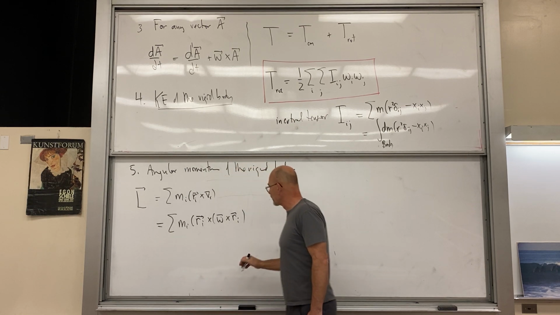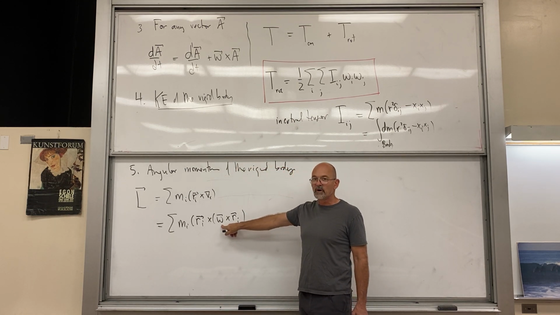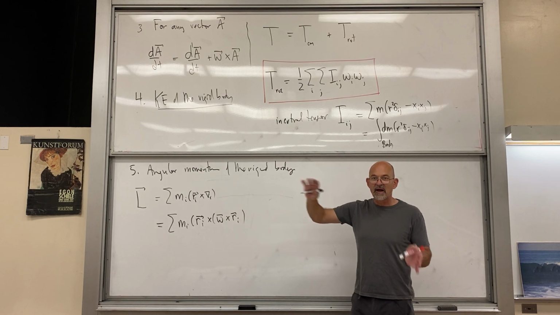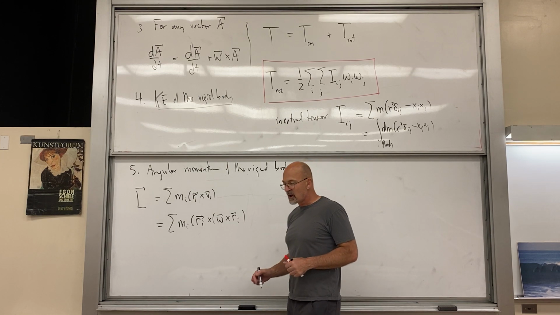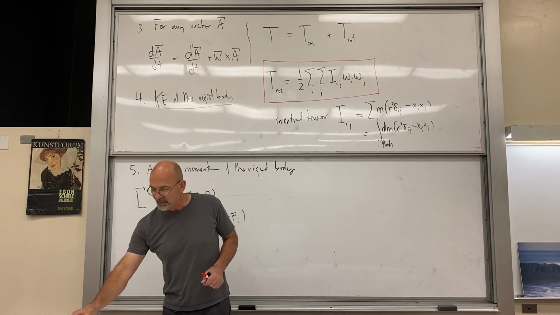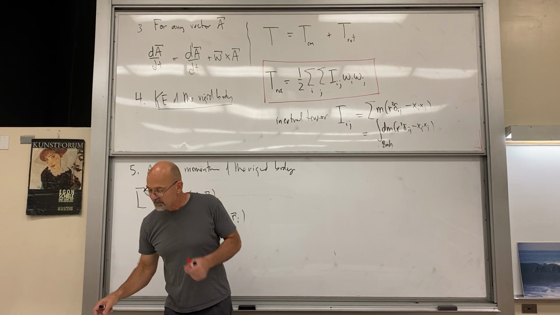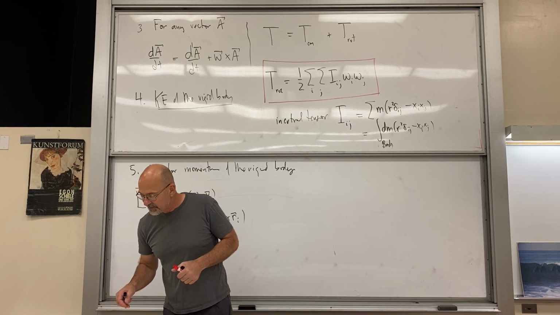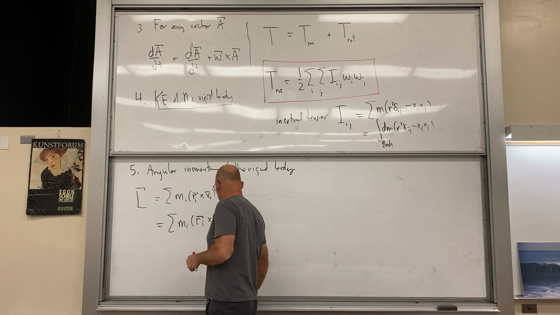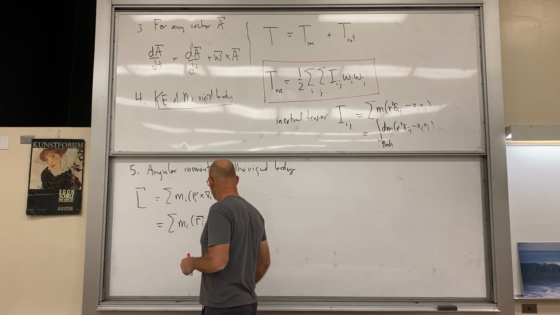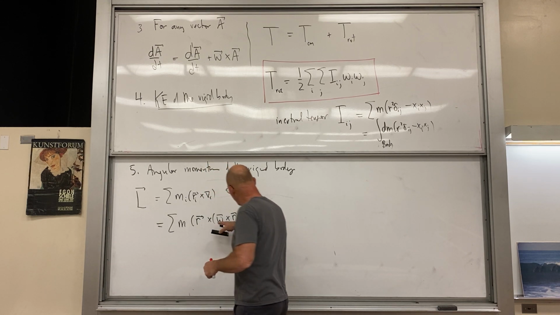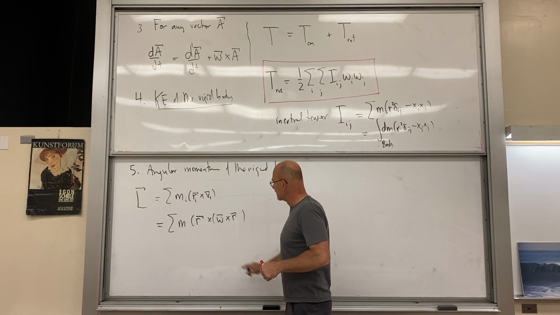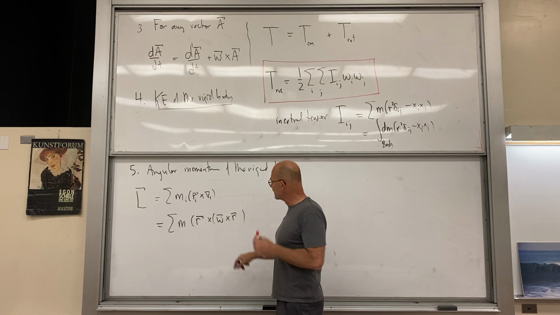See, the omega carries no subscript because, as I showed before, it characterizes the rotation of the body as such. And I can probably drop these subscripts for the moment for simplicity. This r of course carries subscripts, this omega does not.